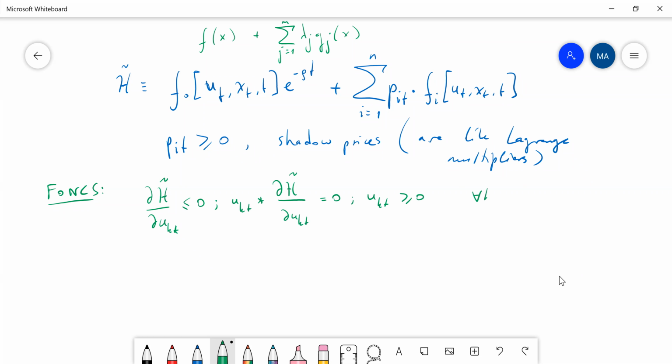This part you remember well. Next, you have the constraint itself. So for each i, you have x_i dot equals f_i(u_t, x_t, t). Okay, so this must be true for all i.